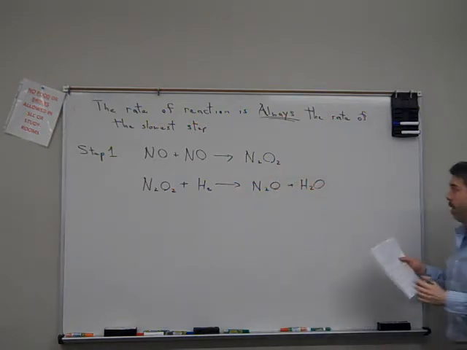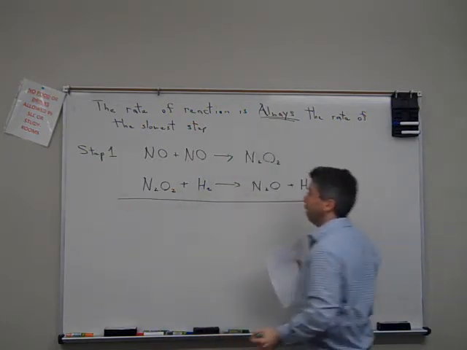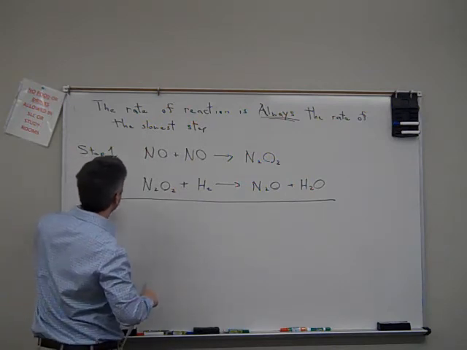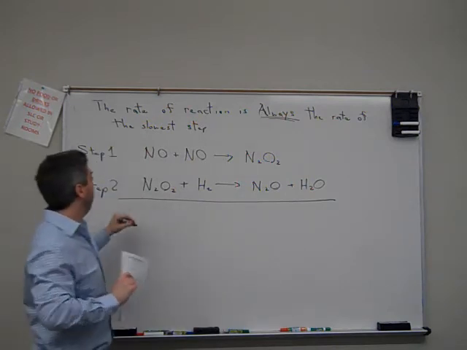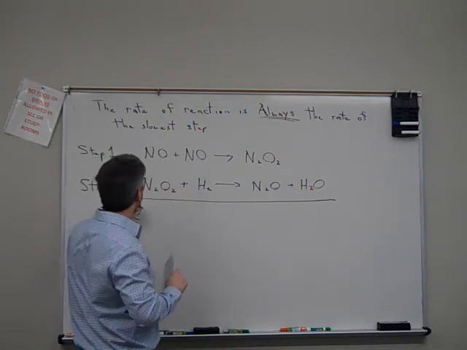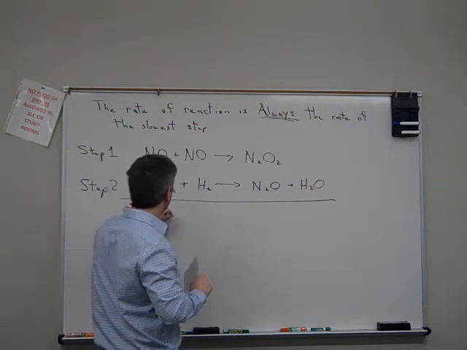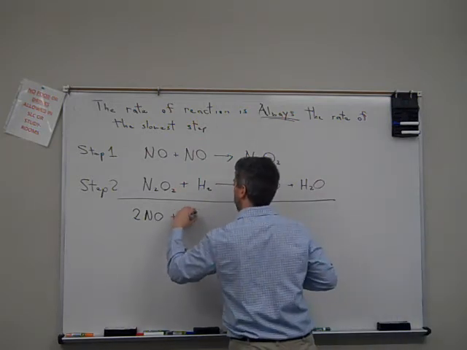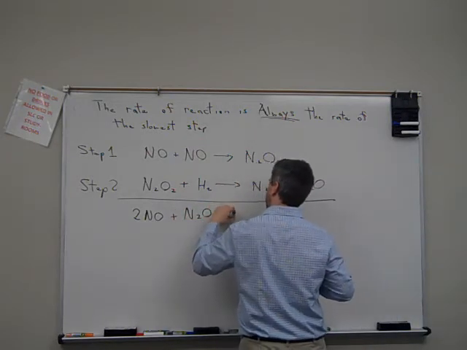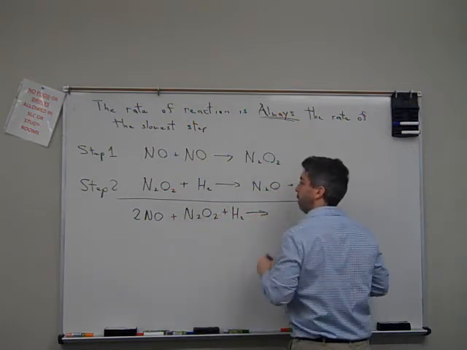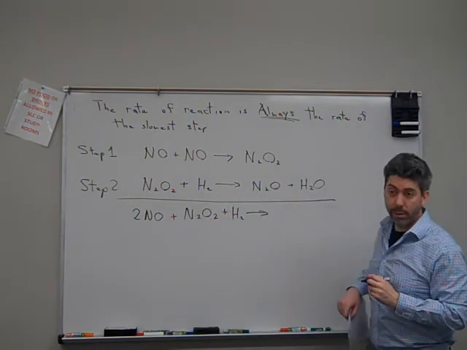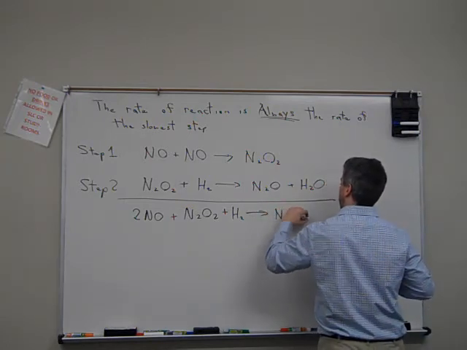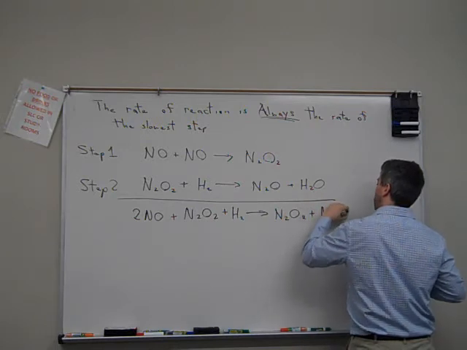Okay. Now if I add these together, so this is step 2, this gives me NO and NO, which is 2NO, plus H2, and then plus N2O2 on the left, plus H2. Will the N2O2 cancel with the other one? Yes, exactly. I was actually about to ask that in a little bit, but you jumped the gun. Good job.